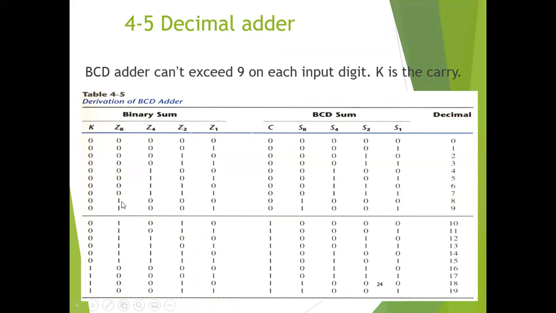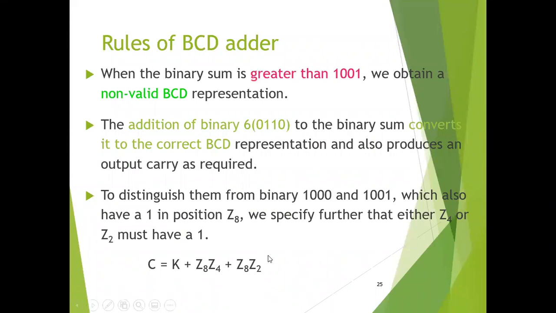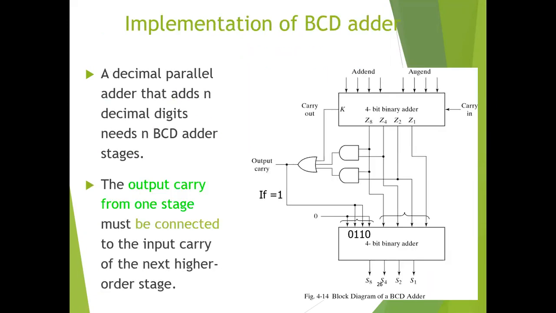So we specify further that either Z4 or Z2 must have a 1 to find the carry signal generated at the output, which will show us whether the BCD representation is correct or incorrect. When this value of carry is equal to 1, the representation is invalid, and then we will add the 6 in the BCD adder.